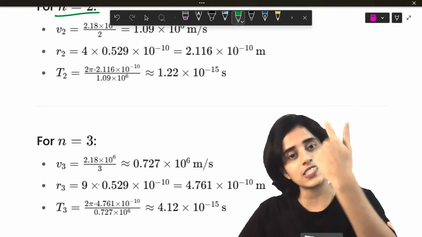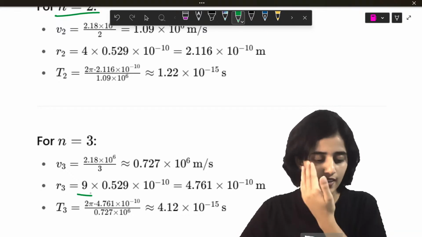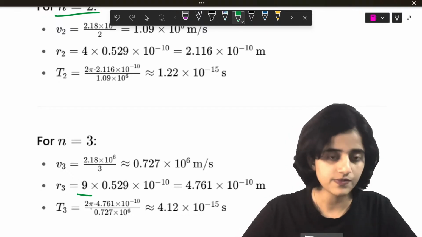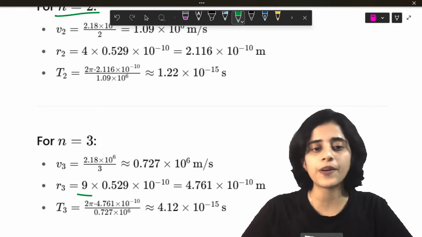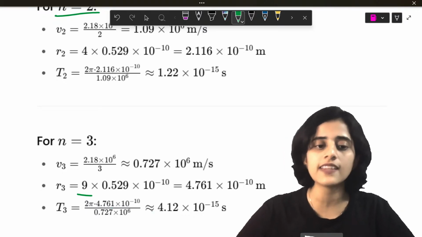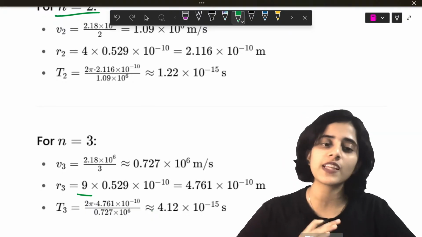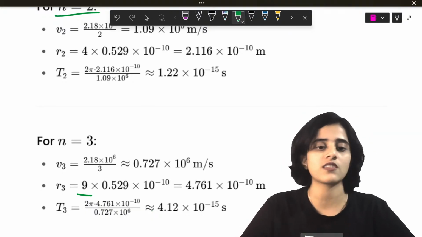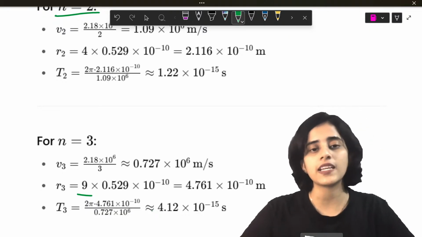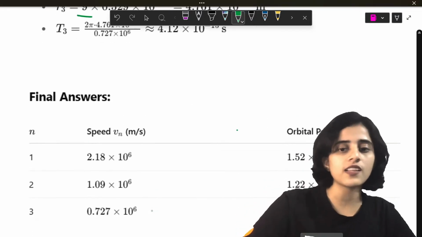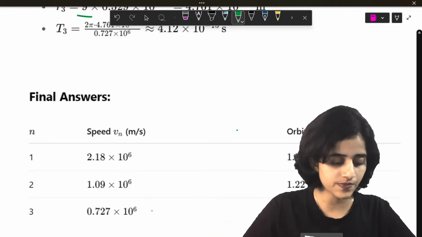R3 will be 3 square, that is how you get 9 here. T3 is 2 pi into 4.761 into 10 raised to minus 10, the whole divided by 0.727 into 10 raised to 6. You will get 4.12 into 10 raised to minus 15. So these are the values that you will get.